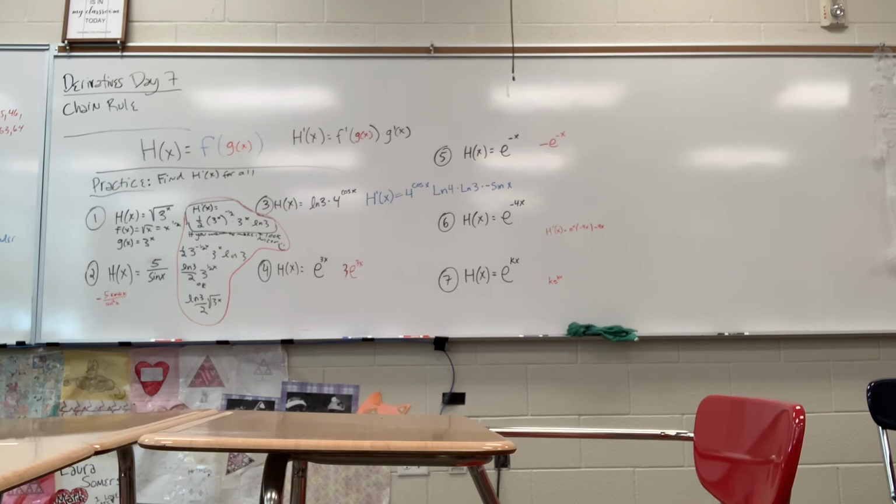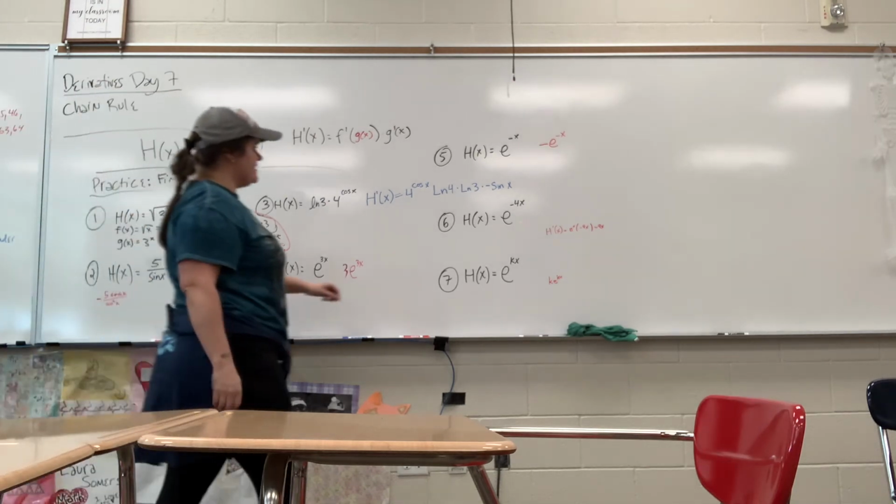On number 6 though, it wouldn't be minus 4x, it'd be multiplied by negative 4x. Wait, what? Number 6. Oh yeah, I have a way different answer. That answer is not what I got for number 6. Okay, let's look. Other than that, everything else is the same.